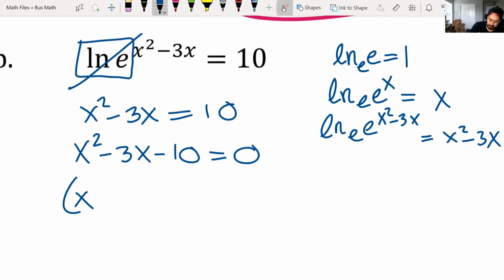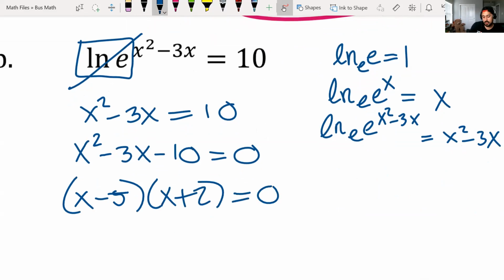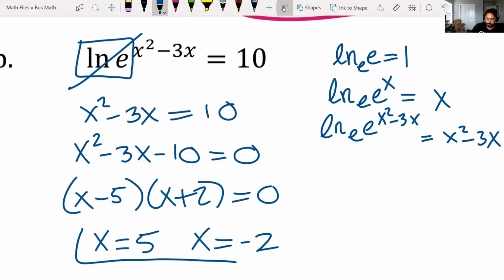This should give me x minus 5, x plus 2 equal to 0. X squared, 2 minus 5, negative 3. There we go. And we'll get x equals 5 and x equals negative 2. There we go. That's it.